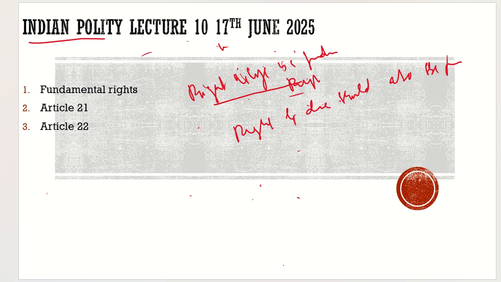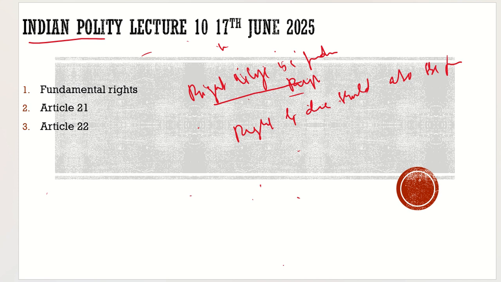Then would I not prefer to die rather than live, because I am not enjoying the dignity which Article 21 gives to me? So the question was, if right to life is a fundamental right, then right to die should also be a fundamental right.